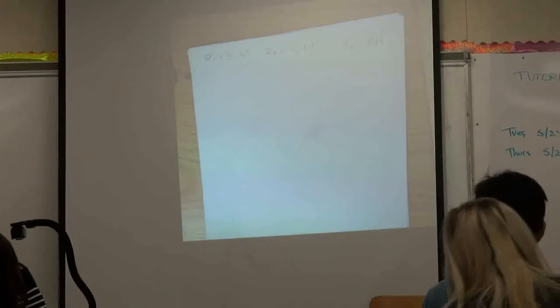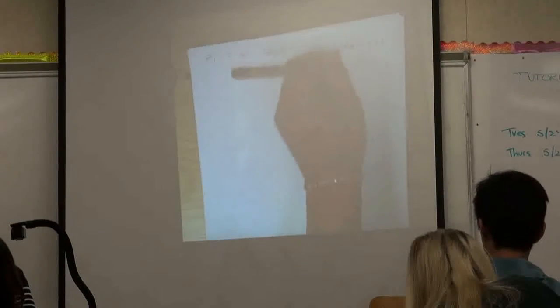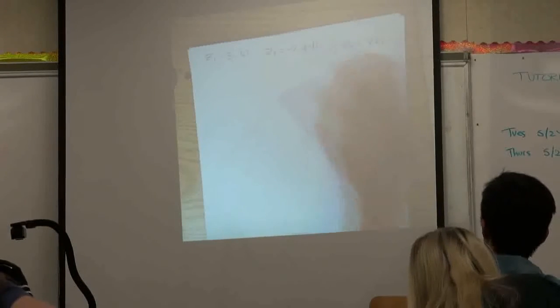All of these complex numbers right now are in rectangular form, a plus bi.